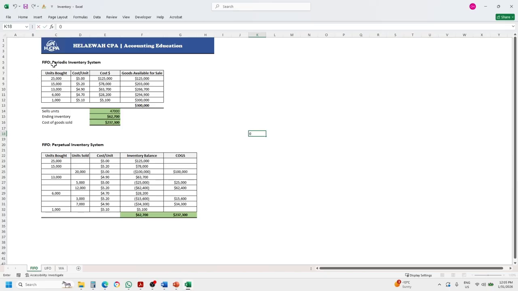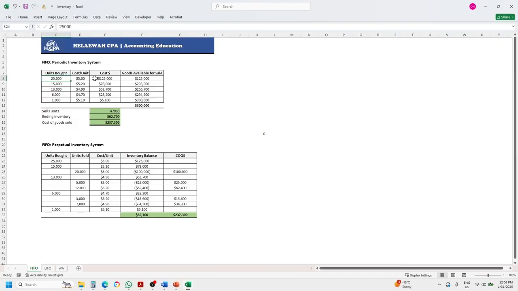First one, first in, first out. In the periodic system, we only record the purchases, and we know at the end the balance for purchases is $300,000. Then at the end of the year, when we count, we see that we sold 47,000 units. And here we go first in, first out, 47.